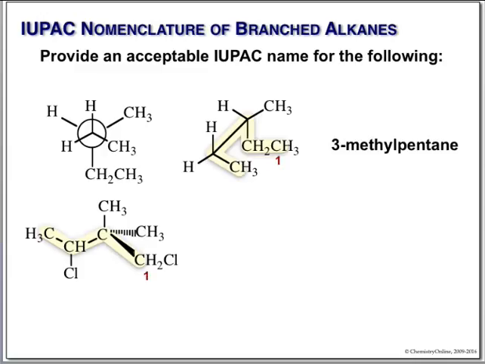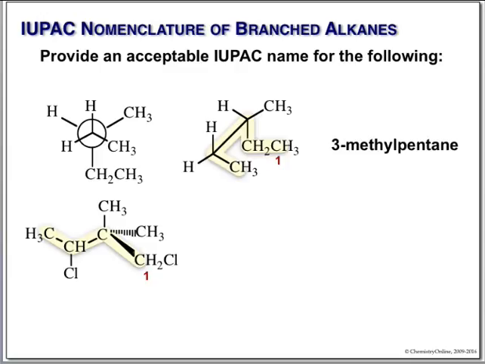So what do we have? We have a 1 chloro and also a 3 chloro. So that would be a 1,3 dichloro, wouldn't it? 1,3 dichloro. And here on carbon 2, we have 2 methyl groups.